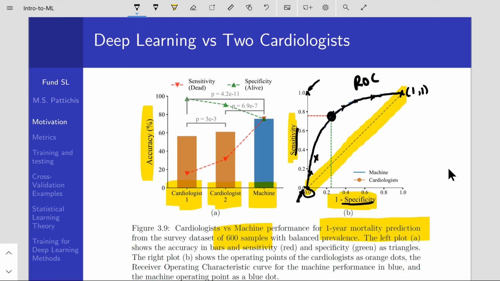So if you are here, this is what we call the ground truth. At this point right here, you get everything correct all the time. Right? When you say somebody needs to go home, that means they will definitely survive beyond a year. When you put someone through additional testing, with 100% probability, you're right.